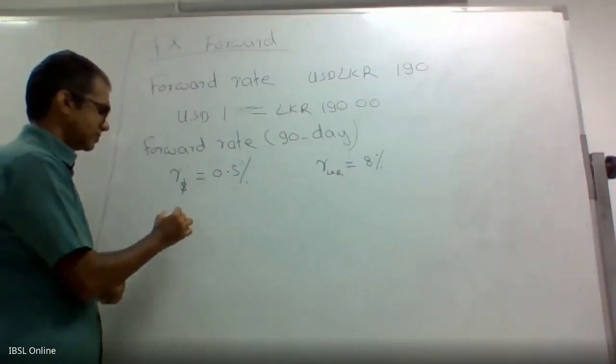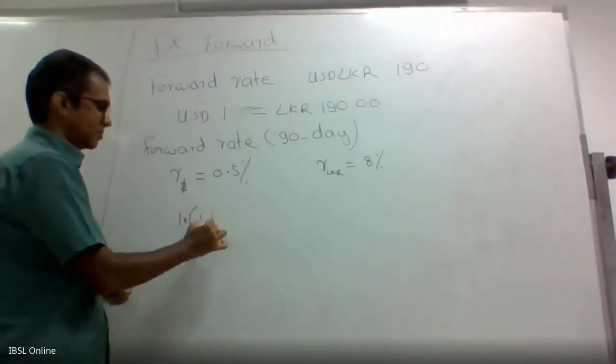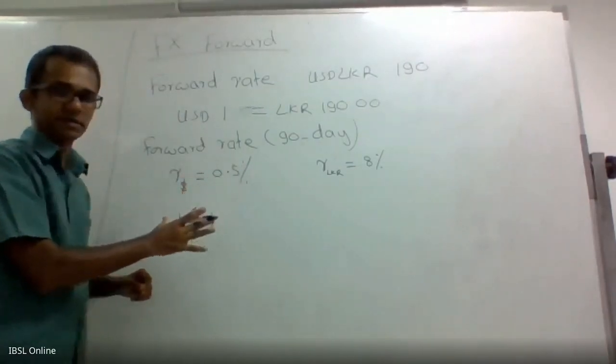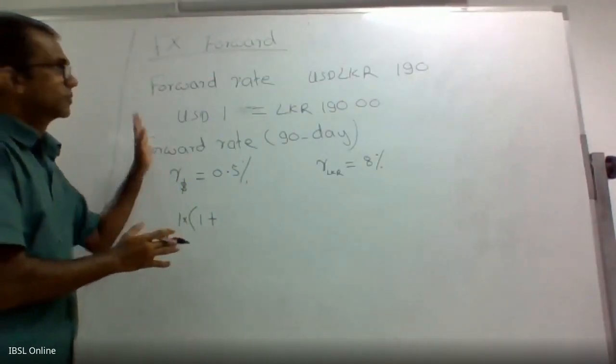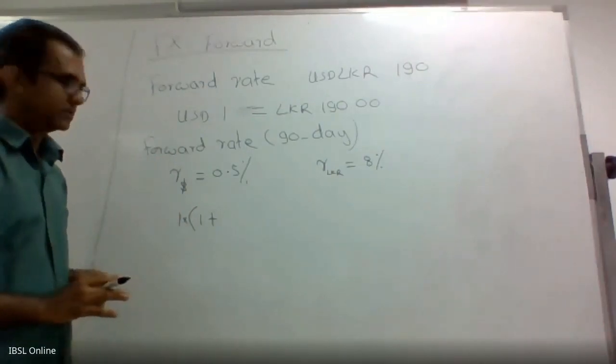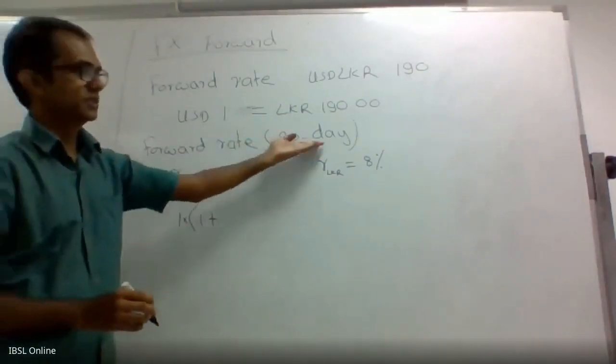What is the future value? 1 plus interest rate into number of days divided by 360. We use the money market calculation method, because forwards are mostly less than 1 year, and this is especially a 90-day one.